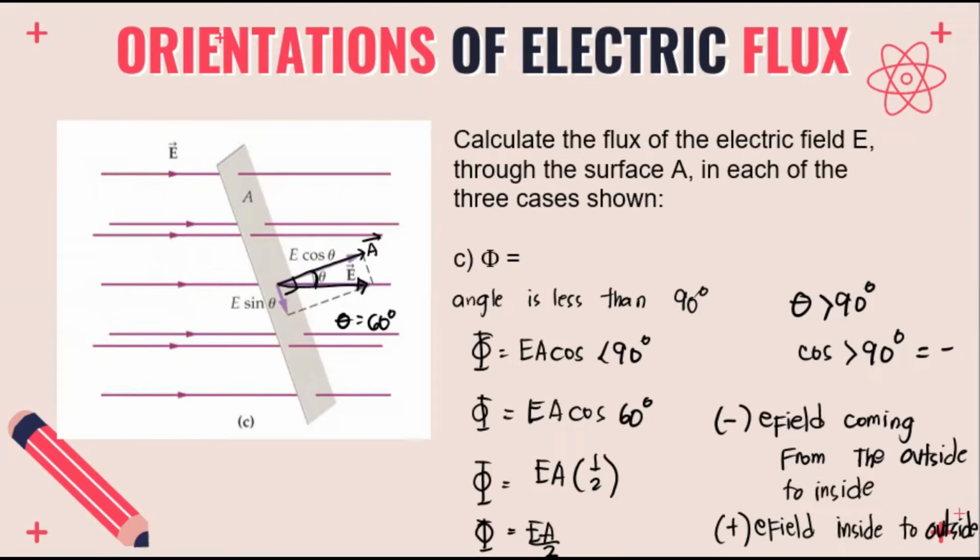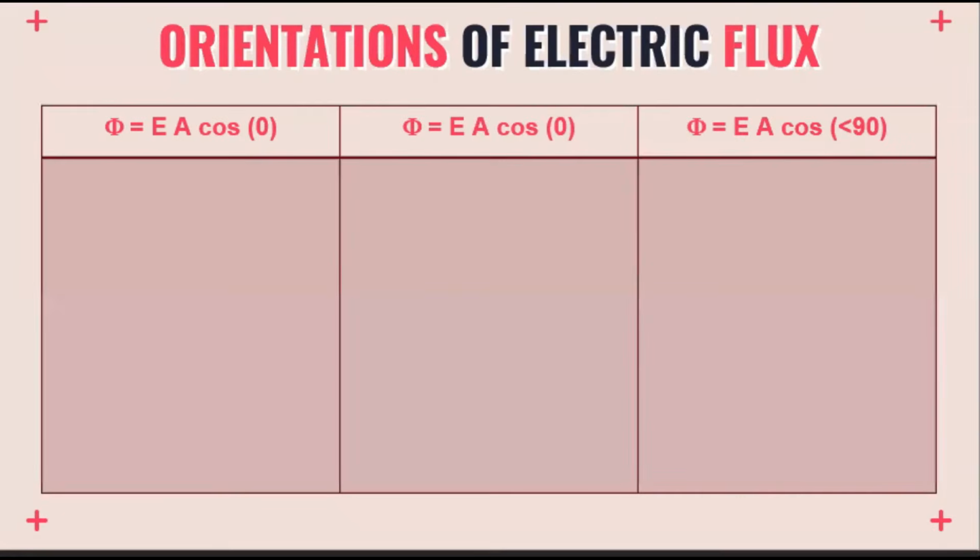Now, i-summarize natin yung orientations of electric flux. First, kapag cosine 0, meaning the electric field vector and the area vector are in the same direction.